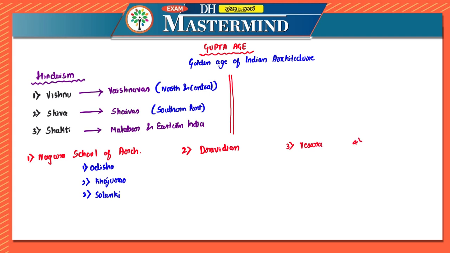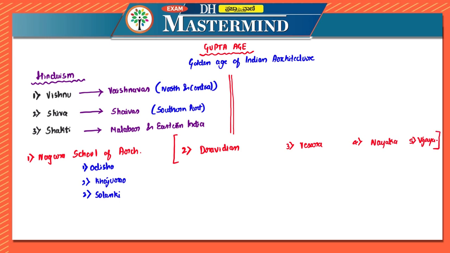Fourth one is Nayaka, and the last one is Vijayanagara. So in the Nagara school of architecture we can see Odisha, Khajuraho, Solanki, and temple architecture in South India can be divided into 4 parts, which is Dravidian, Vesara, Nayaka, and Vijayanagara.